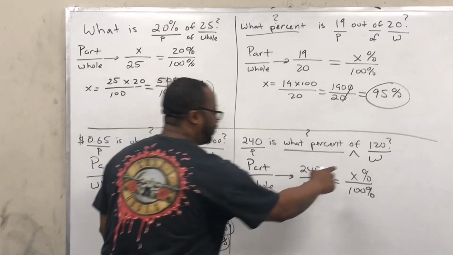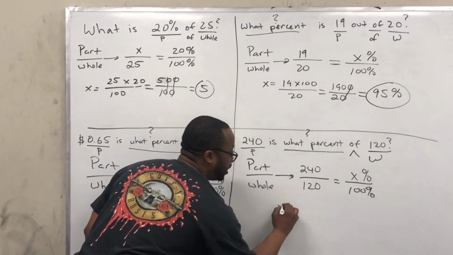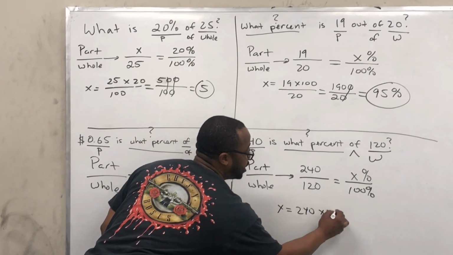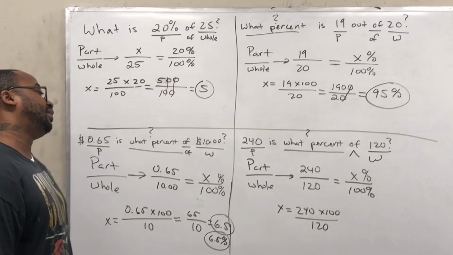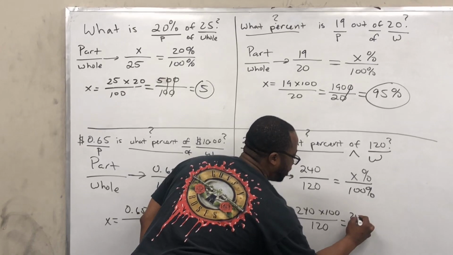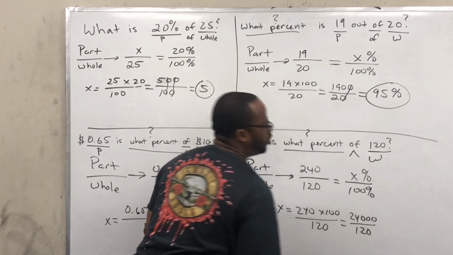Now, all I have to do to find x is 240 times the 100 divided by 120. So x is equal to 240 times 100 divided by 120, okay? So the 240 times the 100 is gonna give us 24,000, and we're gonna divide that by 120.